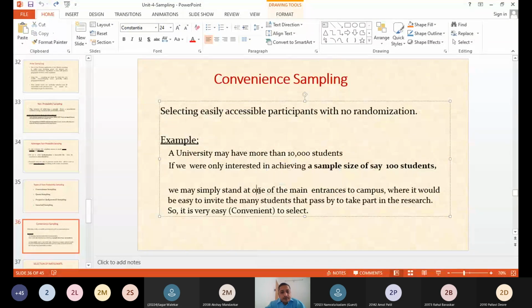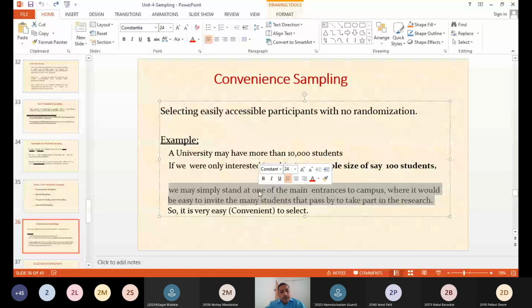through the entrance. So it will be very easy for the researcher to include those respondents in his study. It will be convenient. Those who are passing through this entrance, we will collect the responses of those students only till we get the sample size of 100. So this is convenience sampling.